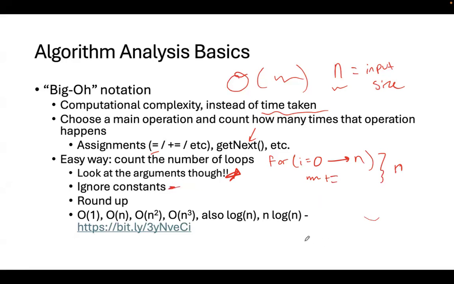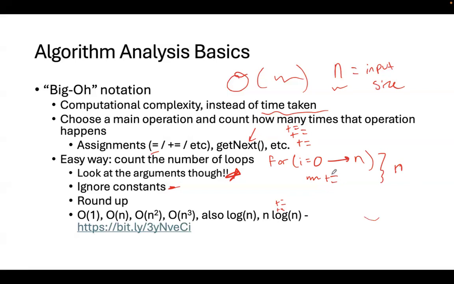In general, there's also a tendency, so you end up writing some sort of equation. So let's say I do this 3 times before my for loop, and I do it twice afterwards.